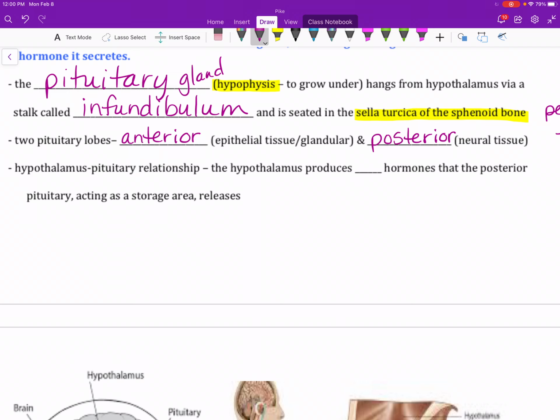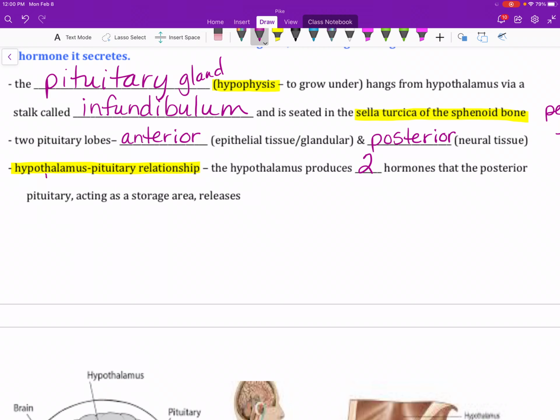So it is more nervous tissue, like in the brain. The hypothalamus actually does produce two hormones that the posterior pituitary just stores and releases. So let's talk about this relationship, the hypothalamus pituitary relationship.